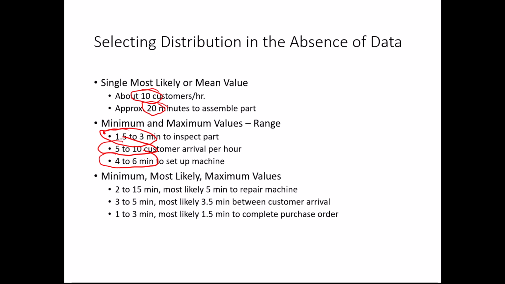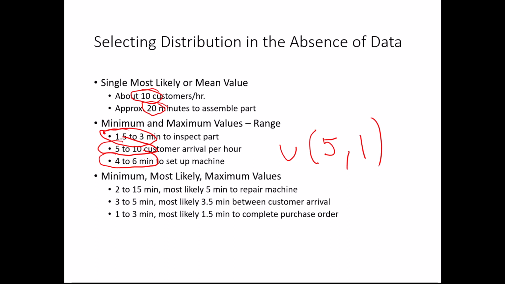So you can use a U distribution here and say that the midpoint is 5 between 4 and 6, and now you know your width is 2 minutes and half of that is 1. So now you can derive that your distribution for setting up that machine is 5,1.